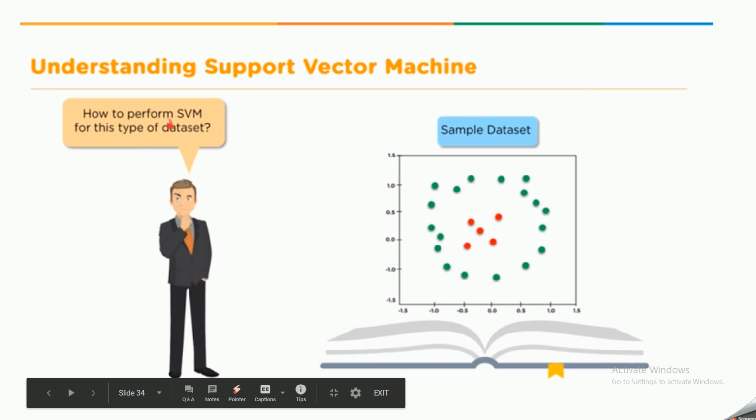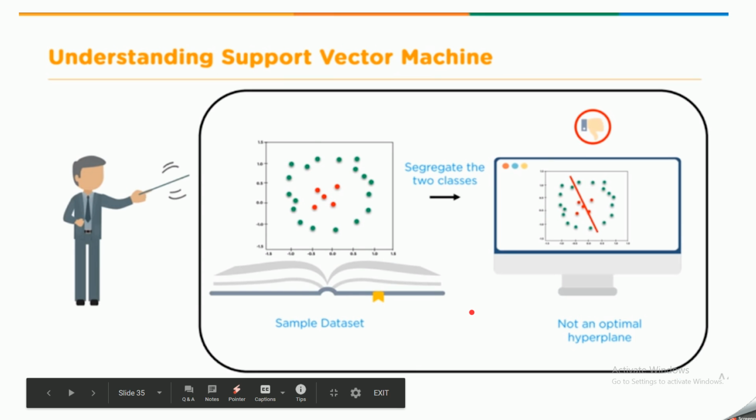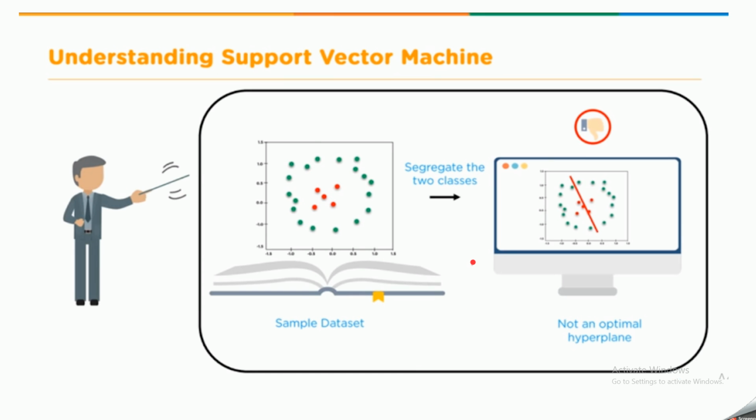Now, how to perform SVM for this kind of data set? So what we have to do is, we can convert this sample data set. If we are applying the normal category, we cannot get an optimal hyperplane.